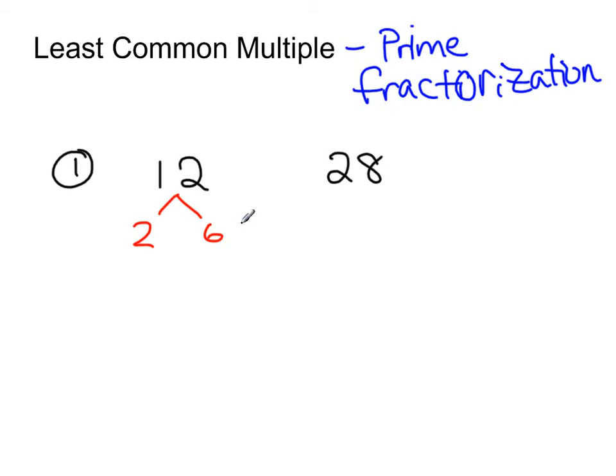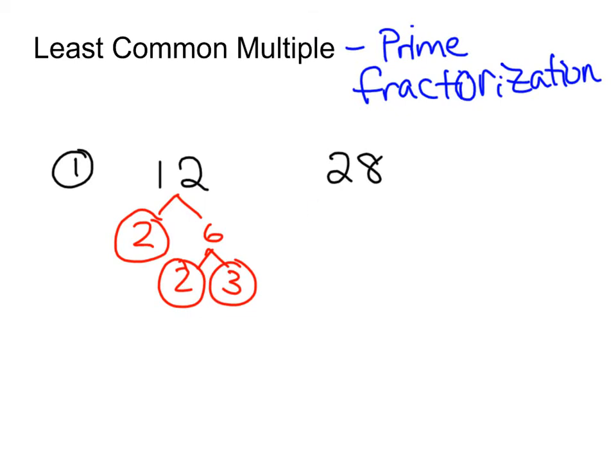If you use 3 and 4, you're going to get the same prime factorization. That's the beauty of prime factorization. So 6 can break down to 2 and 3. Those are both prime, so that's the end of the line for 12. Look, 2 times 2 is 4, and 4 times 3 is 12. If you had picked that route, you would get the same numbers.